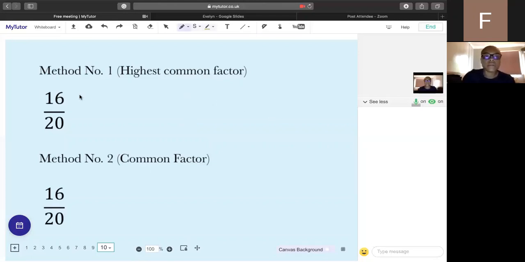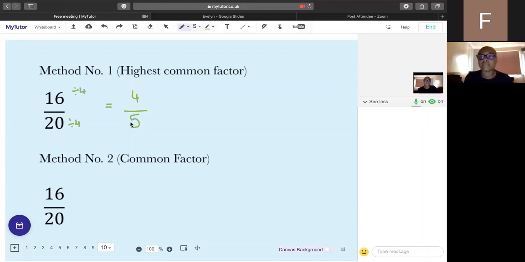So I'm going to divide my numerator by 4 and my denominator by 4. Remember, when you're simplifying fractions, you have to do exactly the same thing to your numerator as to your denominator. So we're going to do 16 divided by 4, which would be 4, and then 20 divided by 4, which is 5. And that would be our simplified fraction.